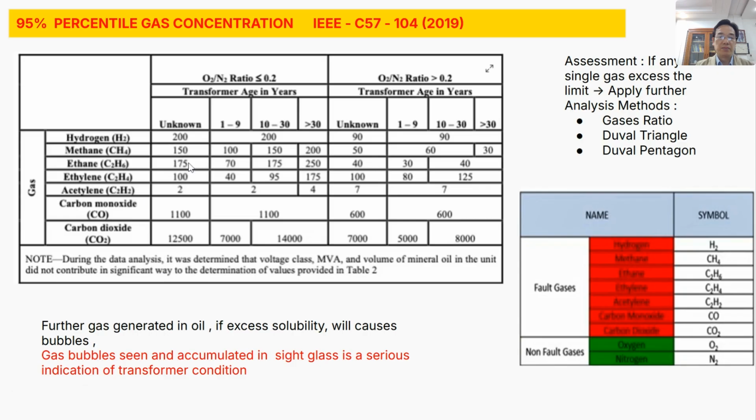So if the gas value is over the value in this table, that means the transformer belongs to the 5% of the population having a problem. Then if the limit here is exceeded, we need further investigation to find out the root cause and to have more information on the developing fault.